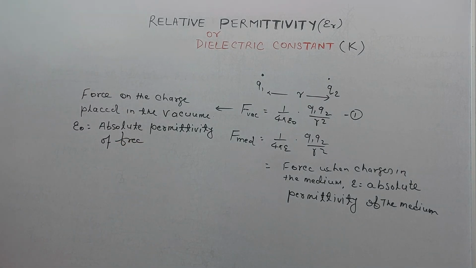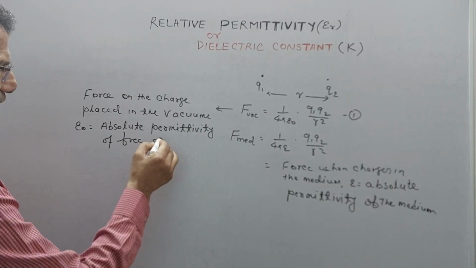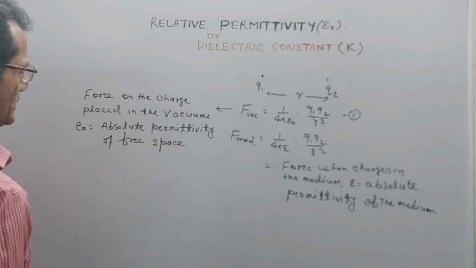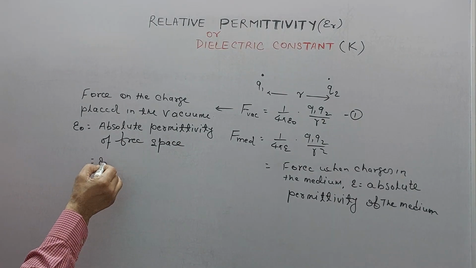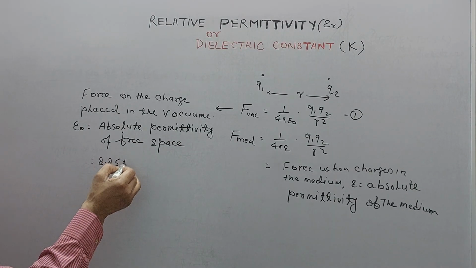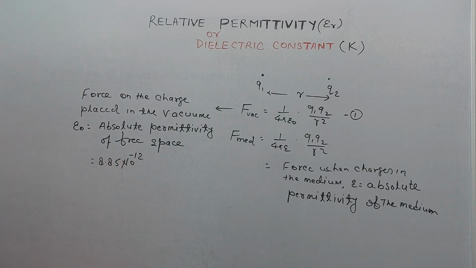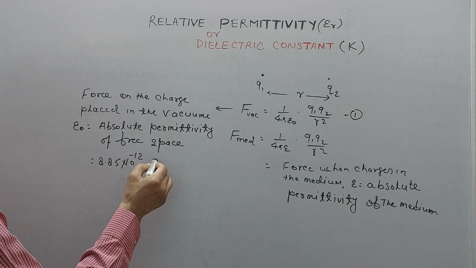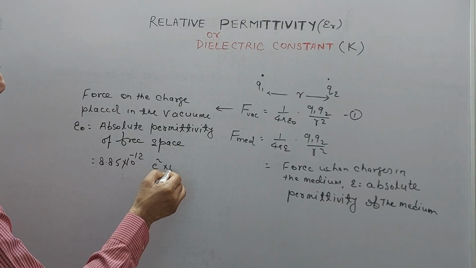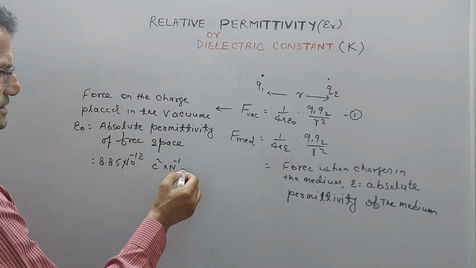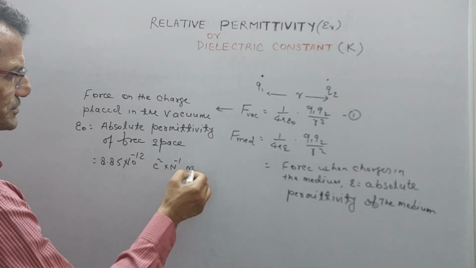Generally that value is also approximately the same for air. Its value is 8.85 into 10 raised to the power minus 12 coulomb square newton raised to the power minus 1 meter raised to the power minus 2.